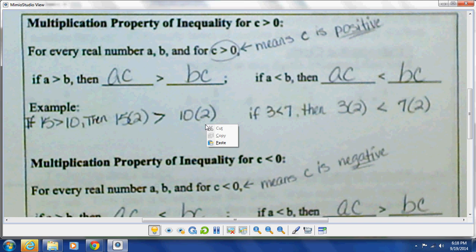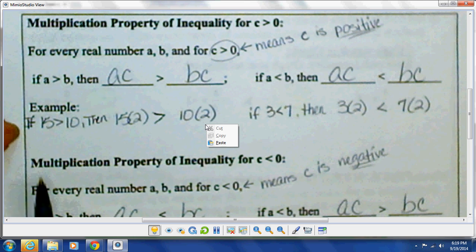Those are all positive numbers. So our property states that if a is greater than b, then a times c is going to be greater than b times c. And if a is less than b, then a times c is going to be less than b times c. So let's go ahead and plug in some values.